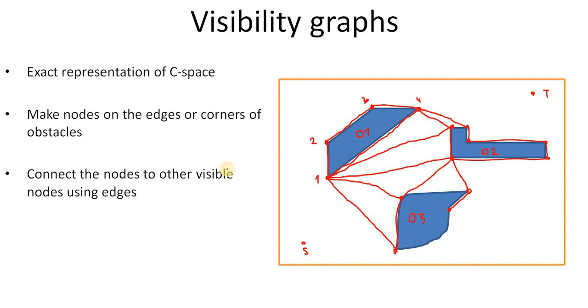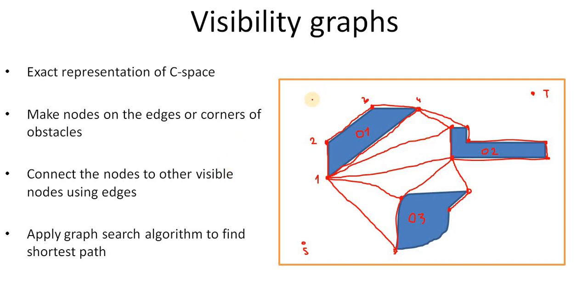Okay, so let's see what the next step is. Apply a graph search algorithm to find the shortest path. Before this step, we see that after we connected these nodes, now we have a graph. You remember the definition of graph? Graph was a collection of nodes and edges.